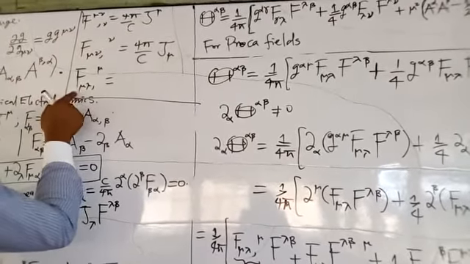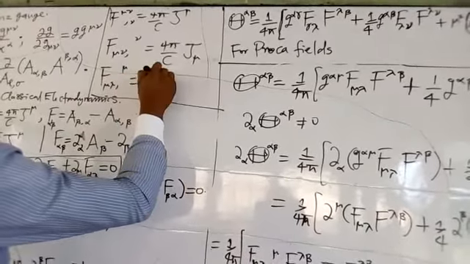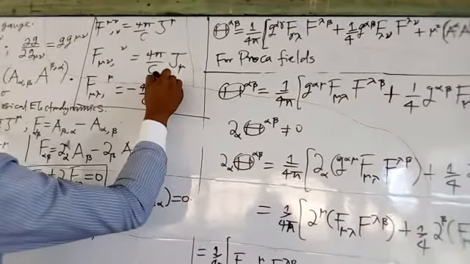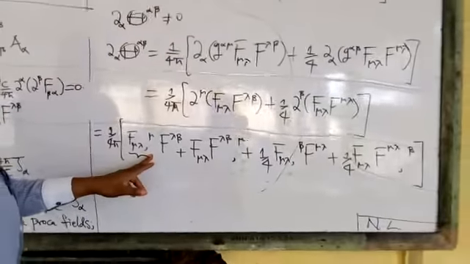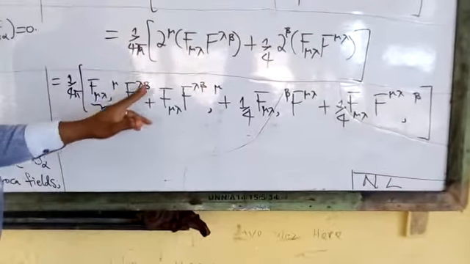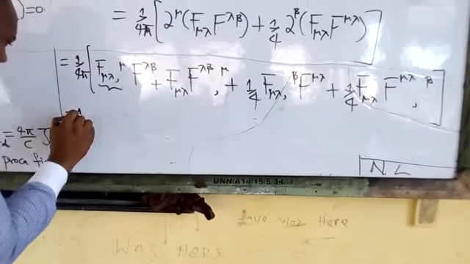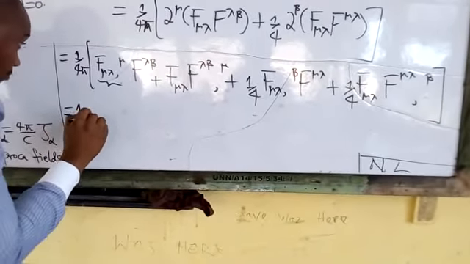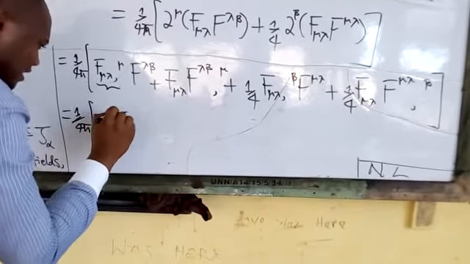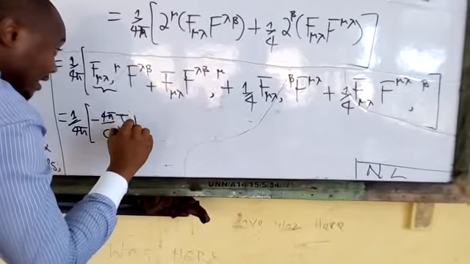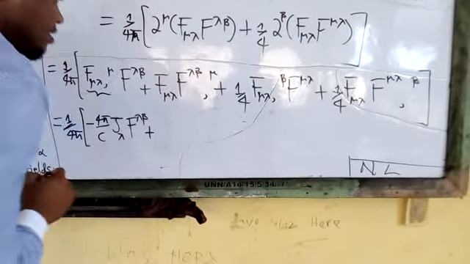Now it should have been λμ, comma μ, but now I have μλ, so this should give me a minus 4π all over c J_λ. And that's what this object here should be. And now here also this comes along for the ride. So in other words, I have here with me 1 all over 4π, and then I have here with me minus 4π all over c J_λ F^{λβ}. Now this is going to be plus.